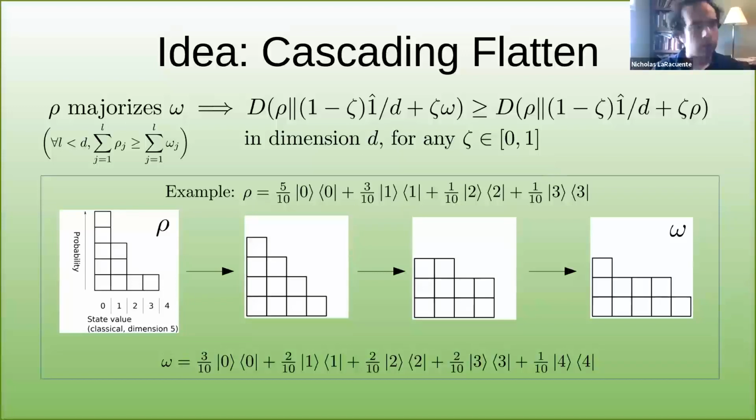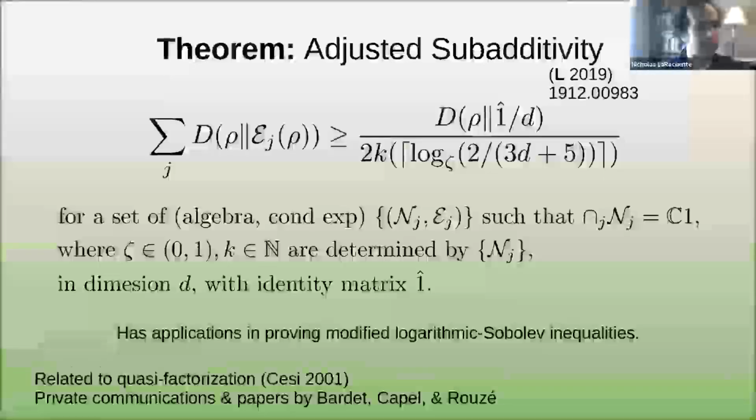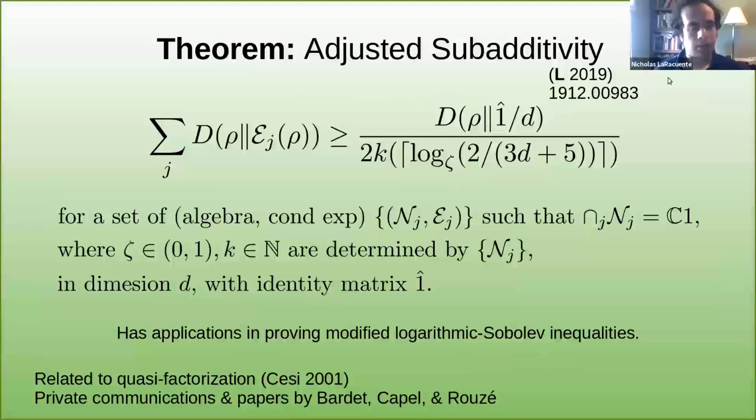And so what this yields ultimately is an inequality that I call adjusted subadditivity. This inequality does not need the commuting square condition. It does replace it by a couple of other conditions. First of all, we need a set of subalgebras that have a trivial intersection.